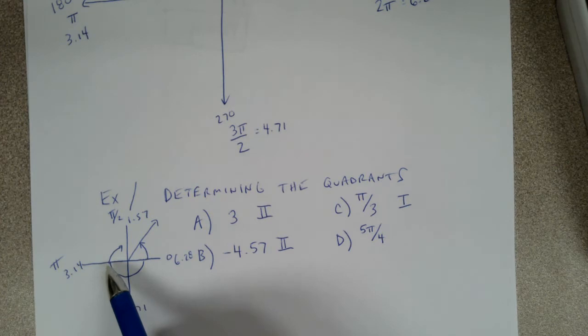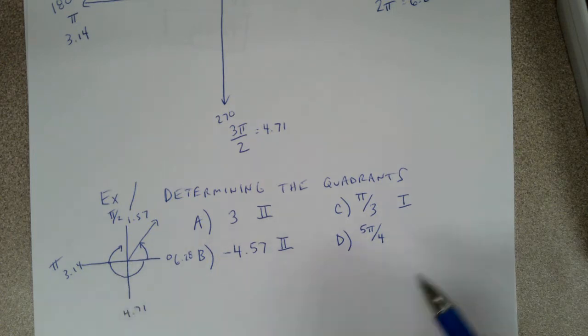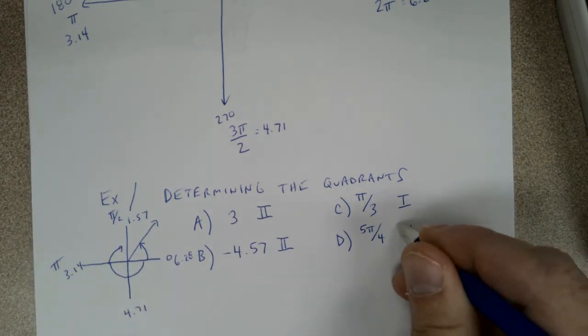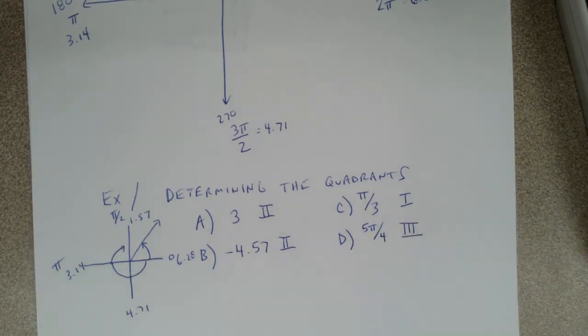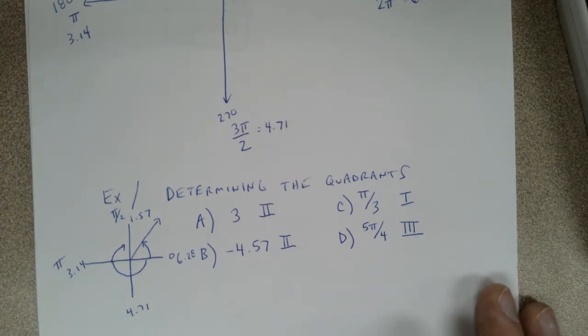Then I'm going to do another pi fourth. So pi fourths, that's going to keep me in that third quadrant. Any questions on determining the quadrant, where we're going there with the radians?